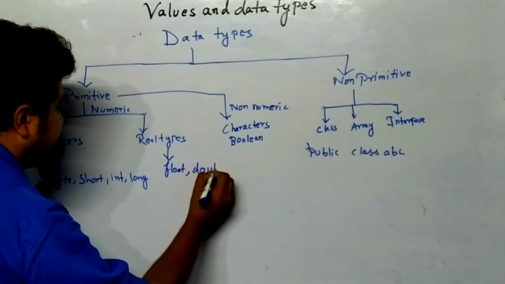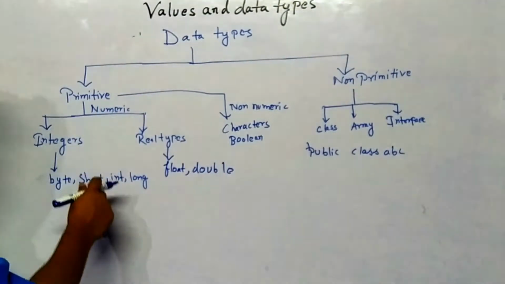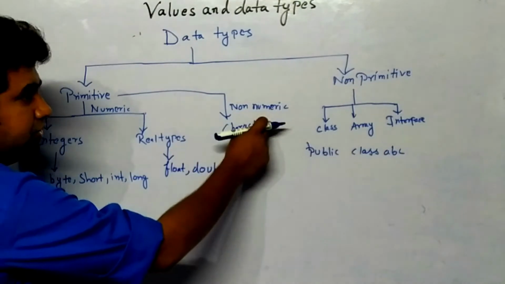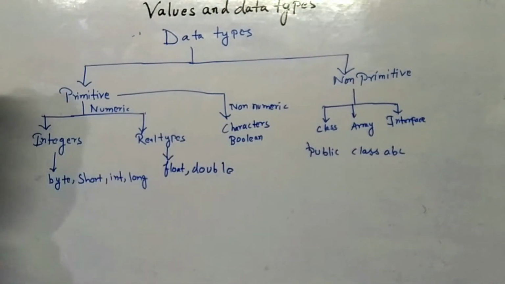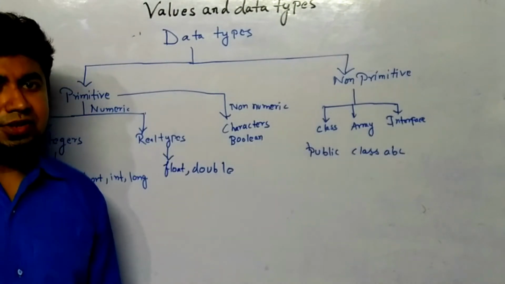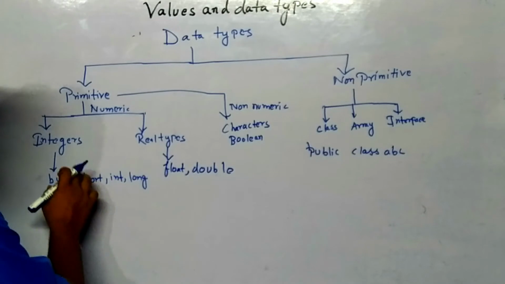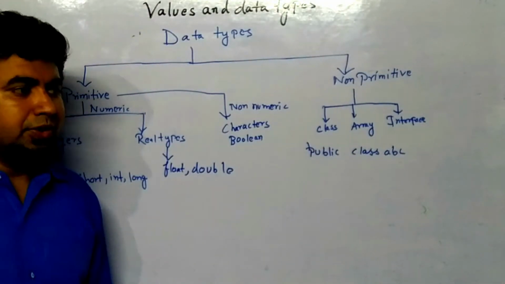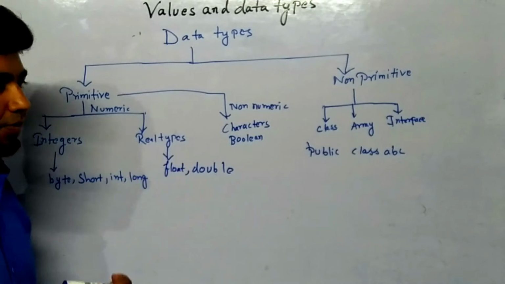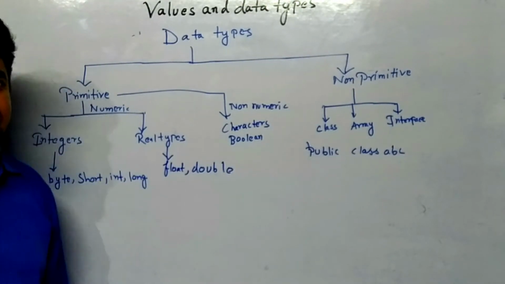As I told, primitive has been divided into two parts, numeric and non-numeric. First we are discussing numeric. Numeric will be only integers or real type. Integers have no floating part, and in real type there is a floating part, meaning after the decimal point there will be certain digits.